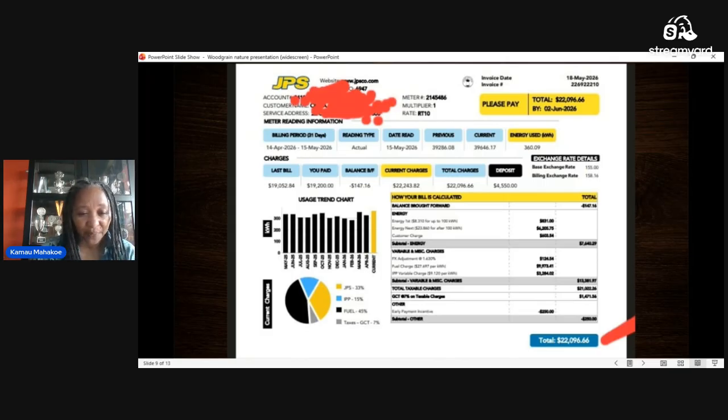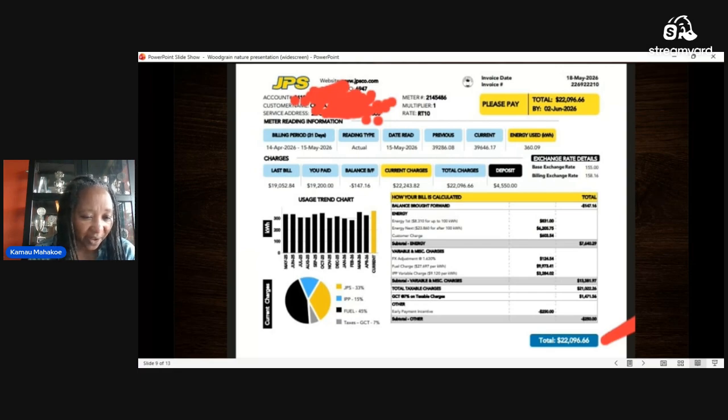So the money that JPS collects from you, they are telling you how they're going to distribute it. It's in percentages. JPS will take 33% of your money. They keep that to run the company, to run wires, to pay their workers. The IPP, 15%. That money is what JPS pays to the power companies that sell them electricity.